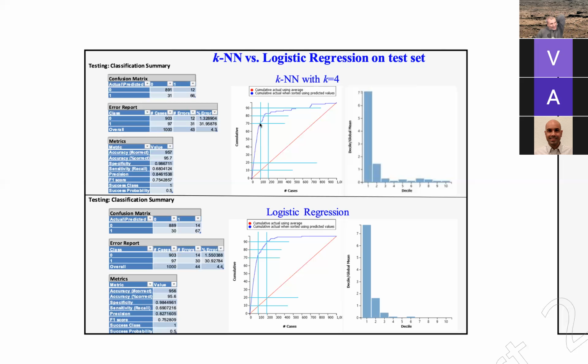So if you're looking to get 70% of the predictive value out of the data set, you can do that using only 10% of the cases. Let's say that you needed to send out 100 letters and each letter cost $1.